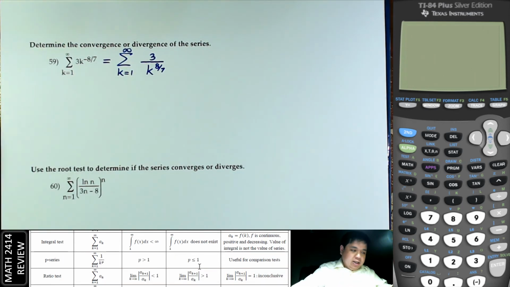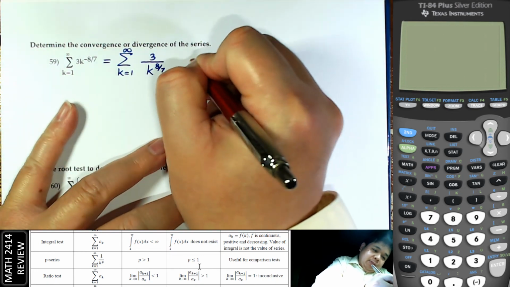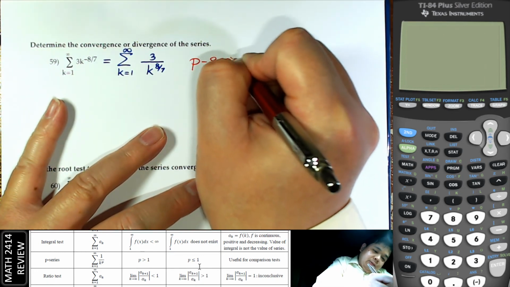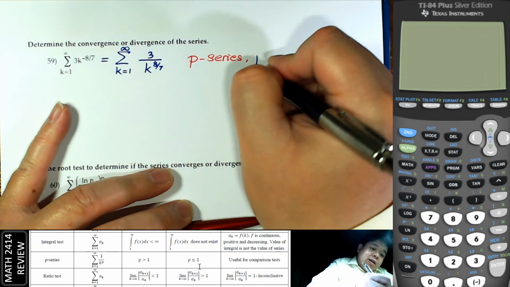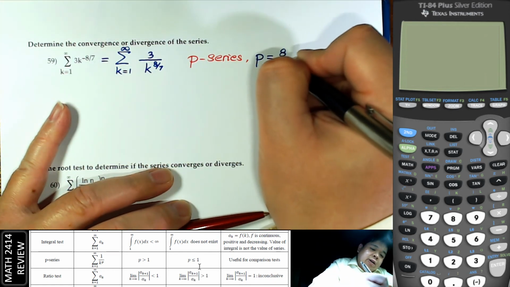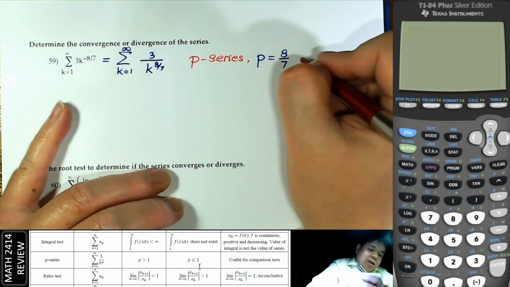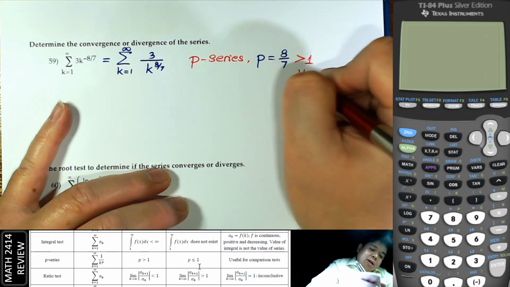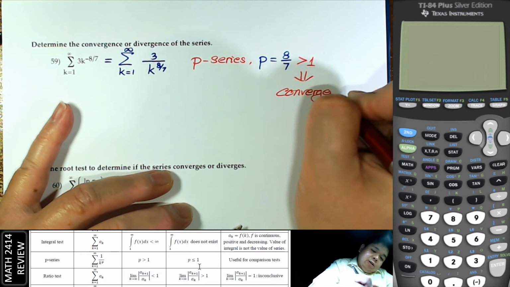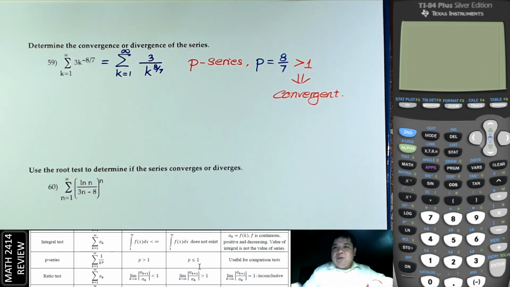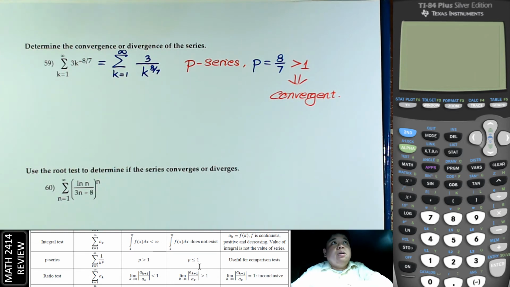So this is the p series, and p is 8/7. In this case, it is bigger than 1. So that means it is convergent. Right, so that's simple enough. That's it.